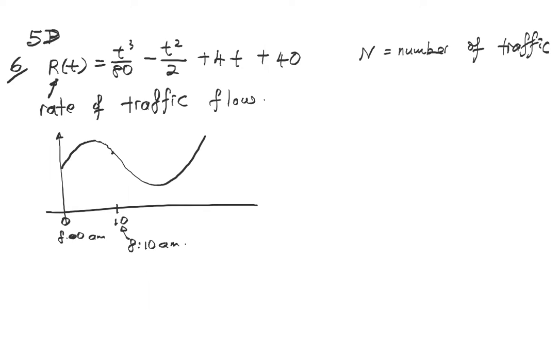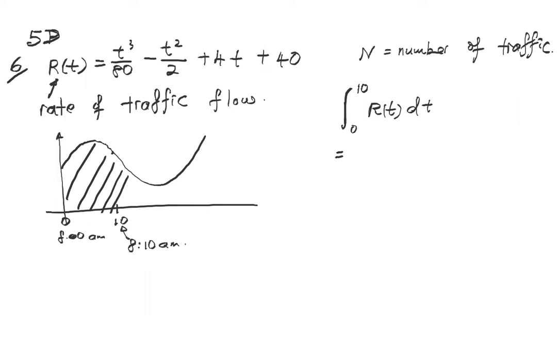So what does this area bounded by the curve represent? If I integrate from 0 to 10 of R(t) dt, how do I interpret this?